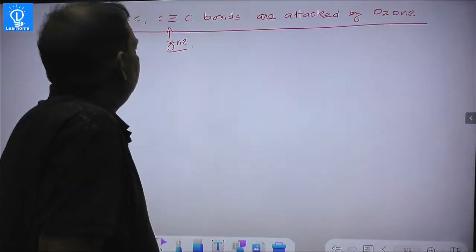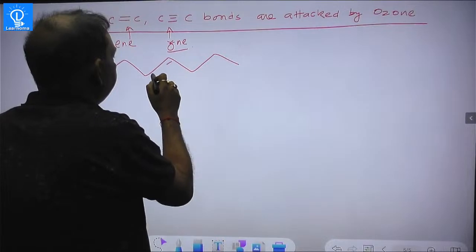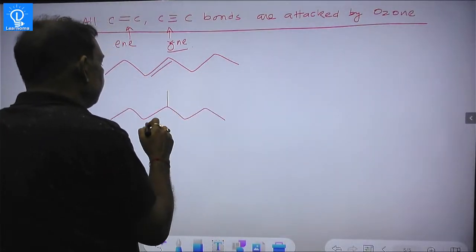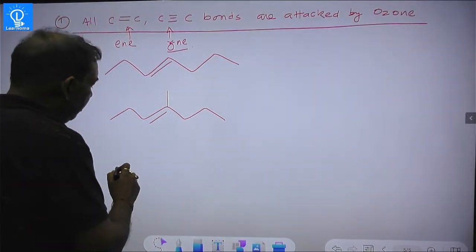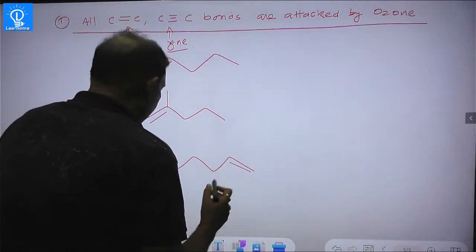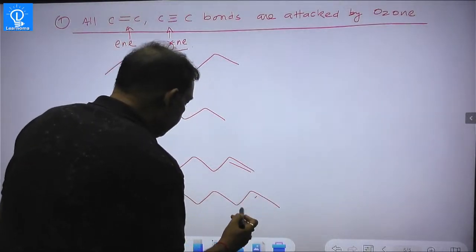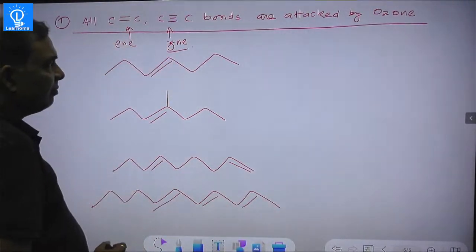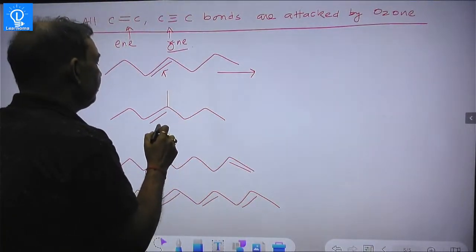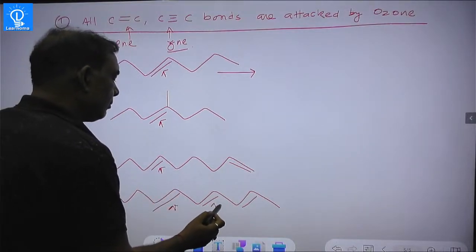In all these reactions, suppose you have this compound. Suppose you have this compound. Suppose you have this compound. The idea is simple. Locate the pi bond and locate the reagent.